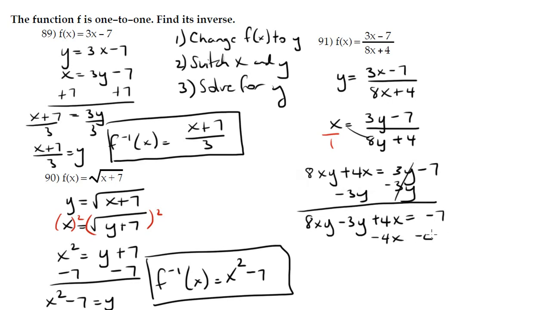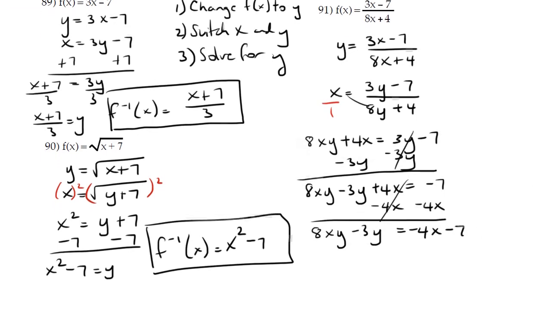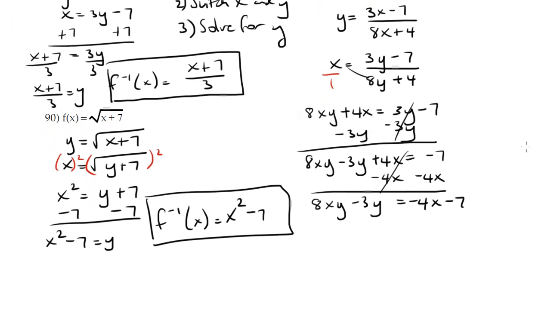Subtract 4x: 8xy minus 3y equals negative 4x minus 7. I have all my y's together. Now, since each of these terms has a y in it, I'll factor that y out, and I'm left with y times 8x minus 3 equals negative 4x minus 7.